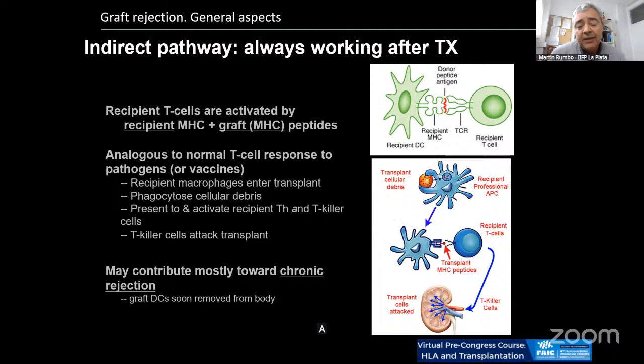recipient T cells. This may contribute to rejection at different moments, at the initial times but also in the long term, and it is one of the drivers of chronic rejection.